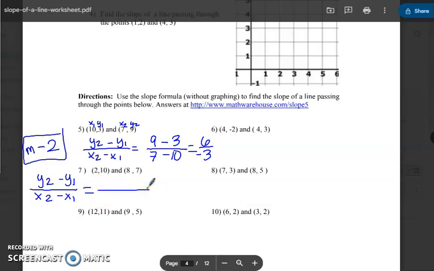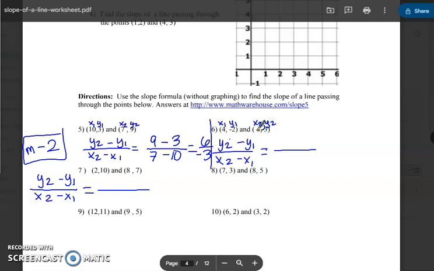I'm going to come up here and try this one because I have a negative here. So I'm just going to draw a line. y2 minus y1 over x2 minus x1. That is the formula for the slope of a line when I don't have the picture. Now, I could always graph it and count rise over run. And if I count rise over run, I'm going to get the same answer. So I'm going to say x1, y1, x2, y2.